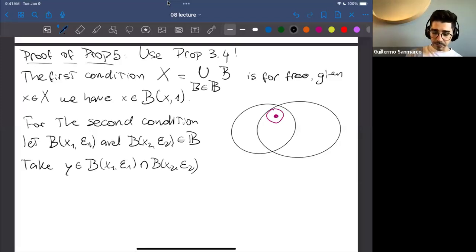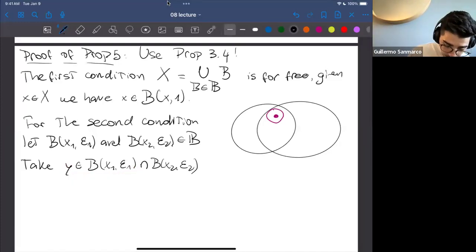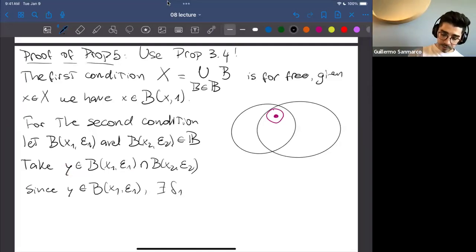And the idea now is, using my lemma, since y is an element of the first one, because it belongs to the intersection, we know by the lemma there is some delta 1, let's call it, such that not only y, but the entire ball centered at y of radius delta 1 is inside B(x1, epsilon 1).